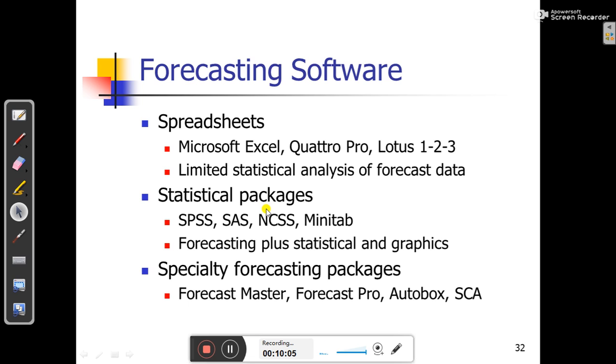Or there are some statistical packages like SPSS, SAS, and CSS, or Minitab, forecasting plus statistical and graphics. Especially dedicated forecasting packages like Forecast Master, Forecast Pro, Autobox, SCA, like that. I have not mentioned the full form of all these software. Please go through these things on the internet. You might find some interesting points about these software.